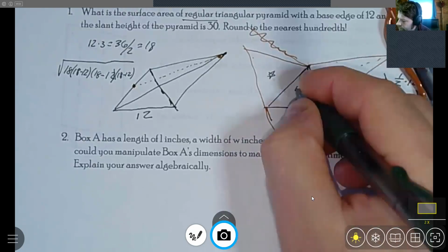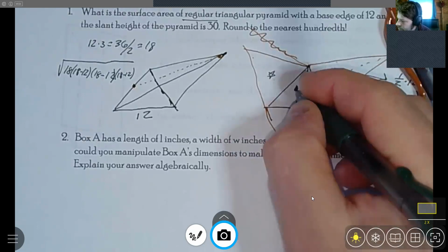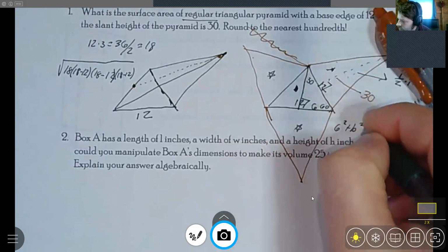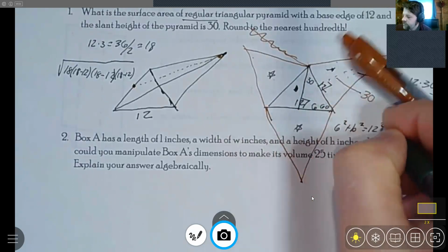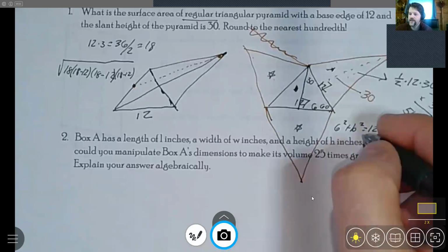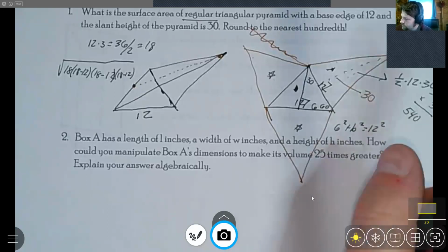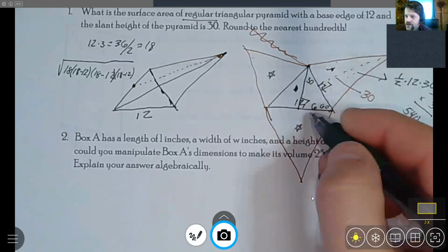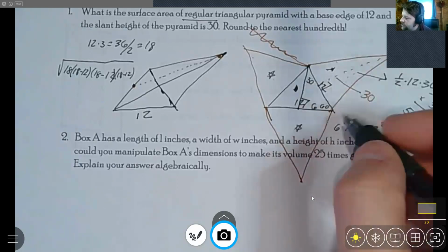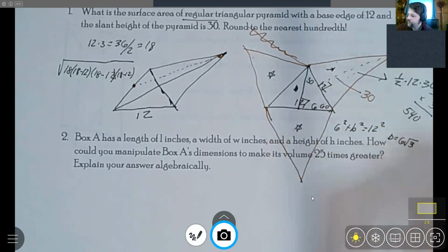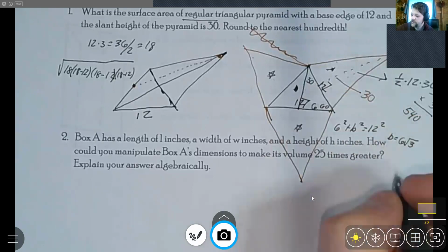So we just call this side B. So 6 squared plus B squared has to equal 12 squared. And you can solve for B, and that would be your height. And if you happen to know the 30-60-90 right triangle trick, then you would know that the height you're going to find is 6 times the square root of 3. But you can find that through the Pythagorean theorem too.